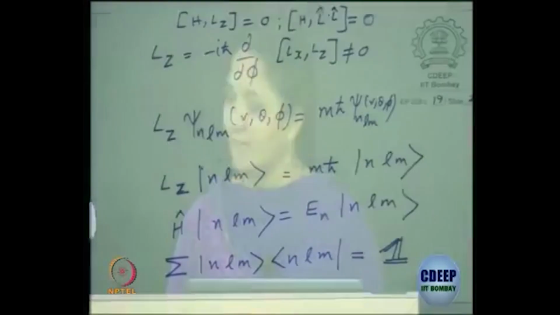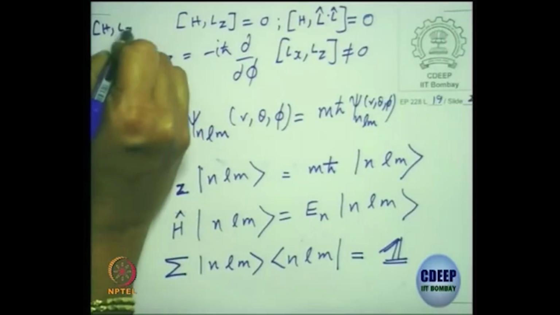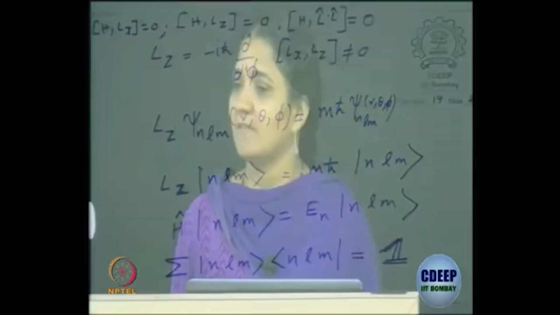Right? So you need to find from this set, even though H with Lx is also 0, what is the set which is compatible if I ask you, the total set? You have to find the intersections. What is the intersection possible given this data?